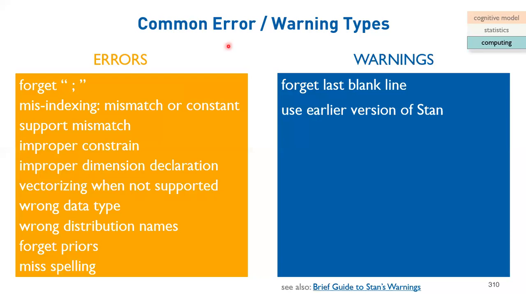Some other warnings can be that your current Stan version might be 2.18, 2.19. But if you have been using Stan for quite some time, your coding style might come from 2.15. So some of my old scripts, the way I'm coding, is actually from a slightly older version of Stan.